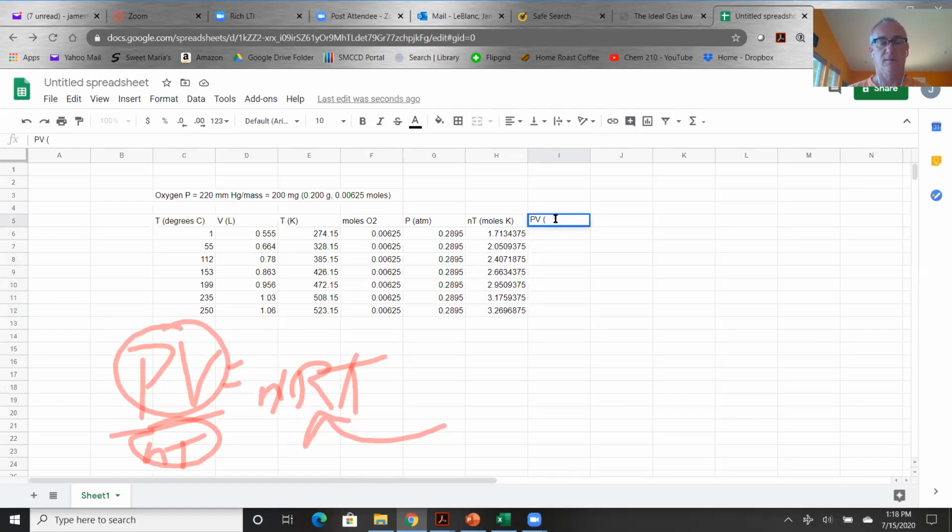Actually, I'm tripping. So what are my units for PV? Atmosphere times liters. There you go. Atmosphere liters, pressure and volume.